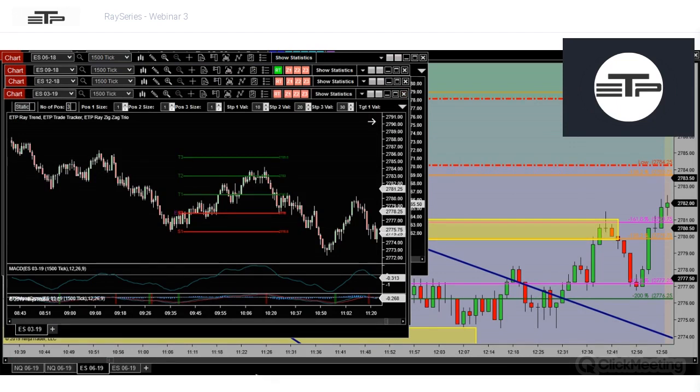Do they close at the end of the trading day, or do they just continue until the next trading day? We let them continue until either targets or stops are hit. Some people, again, this is personal preference. We like to let each trade go to fruition because we have confidence in our trading system.